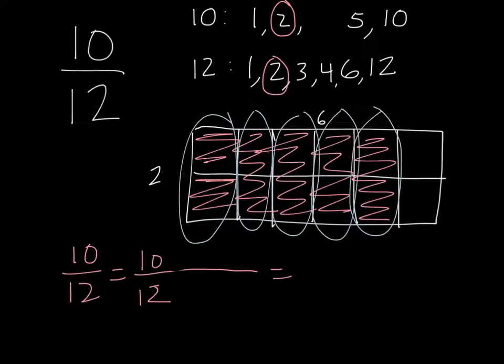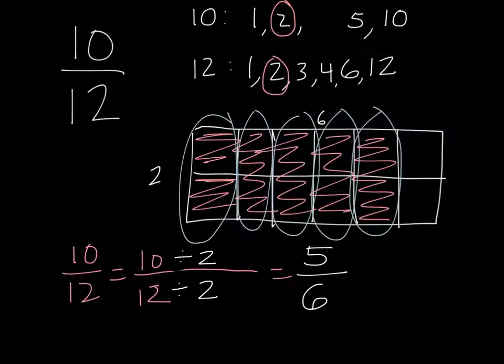Now basically what I'm doing is I'm dividing these 12 pieces into groups of 2. So down here for my division sentence, it will be 10 divided by 2 and 12 divided by 2. And if I divide across the top, 10 divided by 2 is 5, 12 divided by 2 is 6.